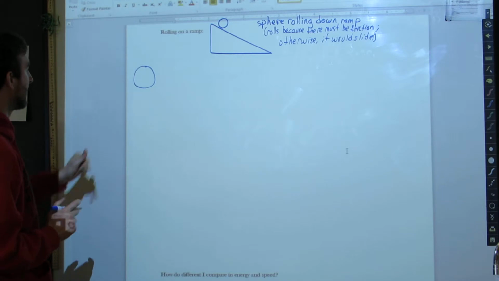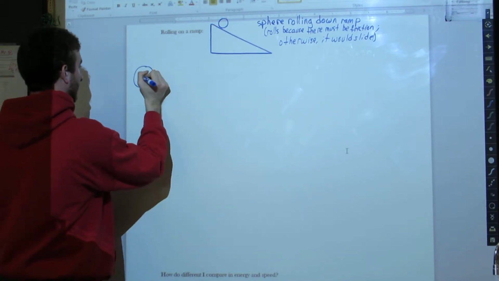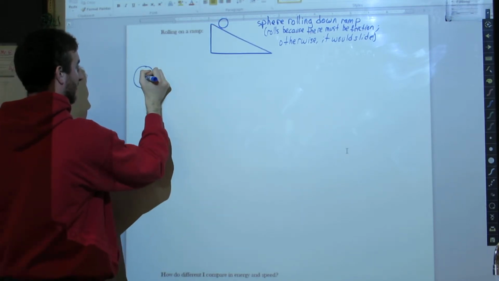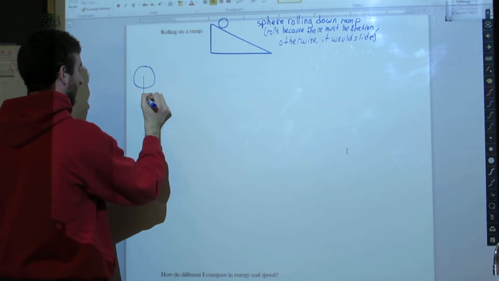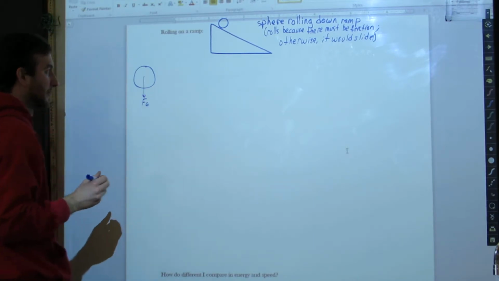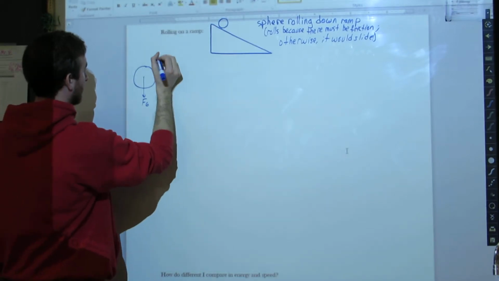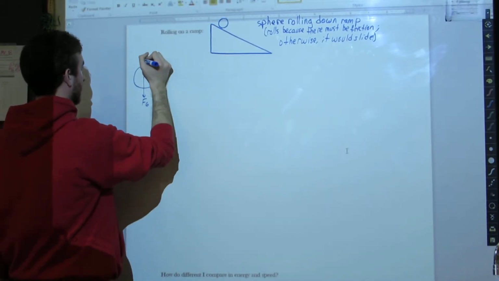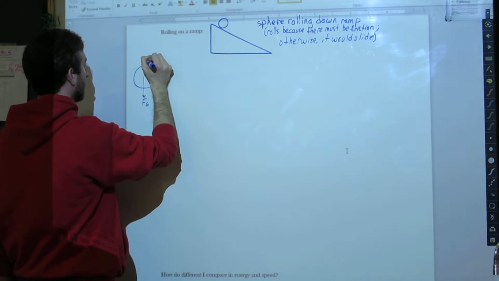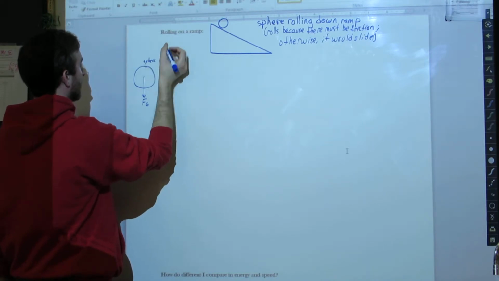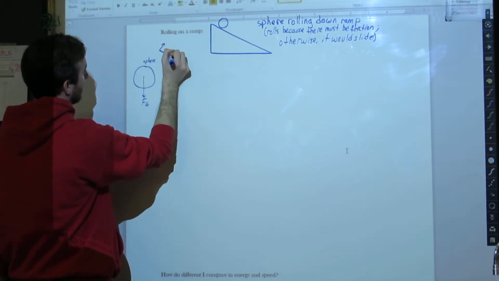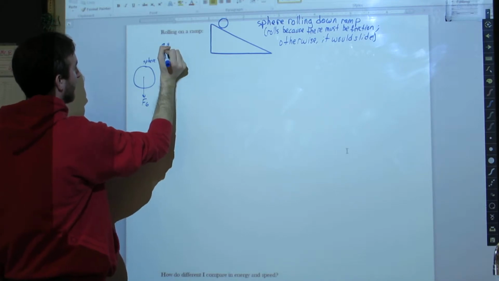So, here are the forces acting on our sphere. Obviously, there's a force of gravity. It acts from the center of mass of the sphere. This is a normal sphere. Center of mass is right in the middle. Okay? Fg. I guess we should have an axis, first of all, and we should label this sphere. Our axis down the ramp, like this.